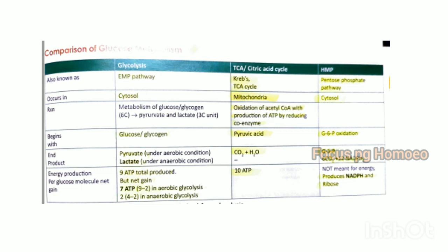And in HMP, ribose 5-phosphate, 6 carbon dioxide and 12 NADPH are the end products. Glycolysis takes place in the cytosol, the citric acid cycle takes place in the mitochondria, and the HMP shunt takes place in the cytosol. The number of ATPs produced in HMP is 0, in the TCA cycle it is 10, and in glycolysis it is 9.